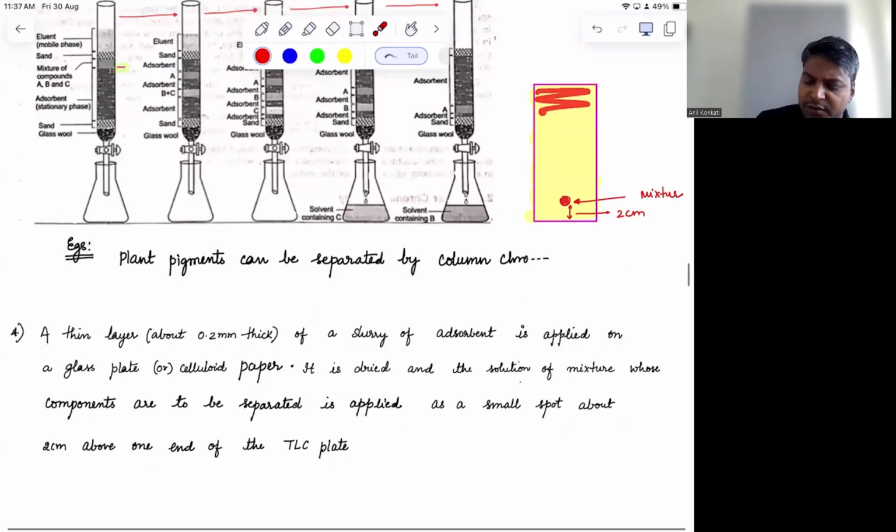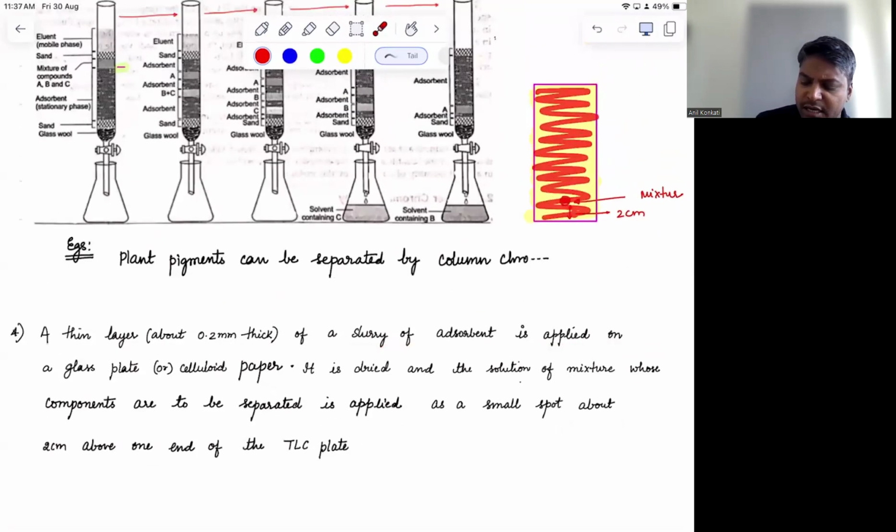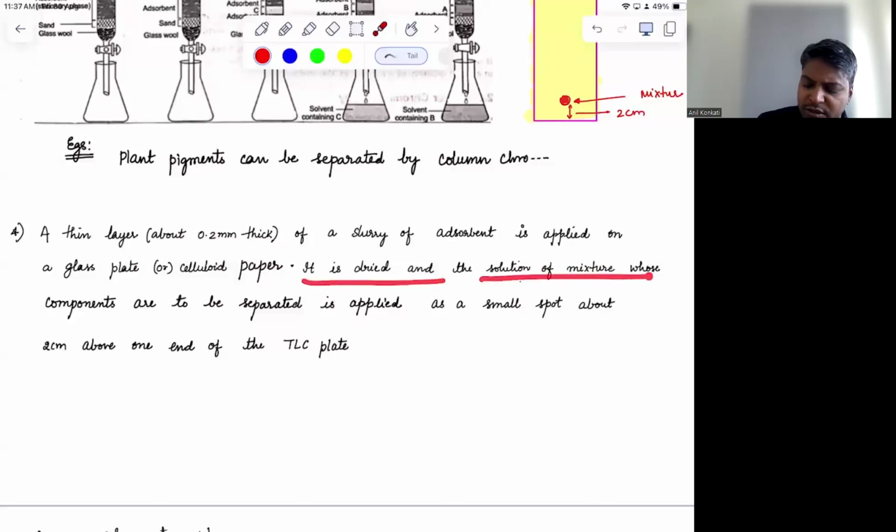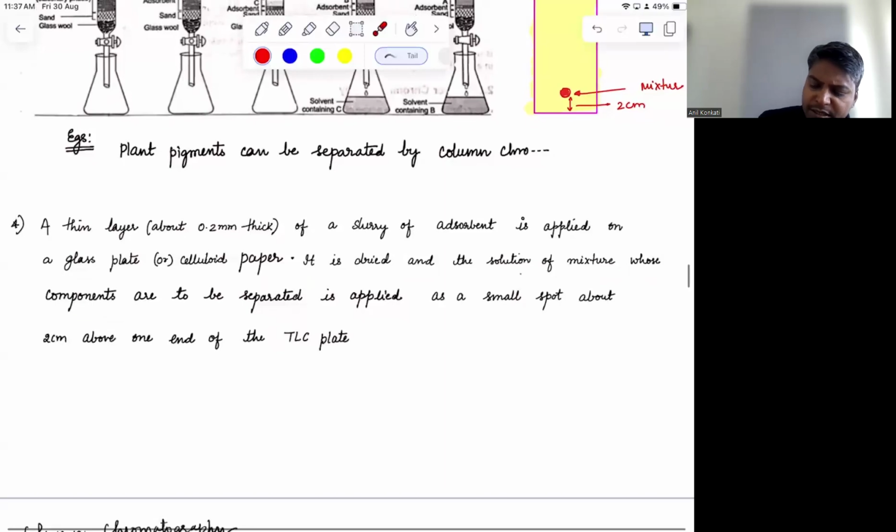So this yellow color which I'm showing is all adsorbent, the stationary phase which we have kept on a glass plate or a celluloid paper. It is dried and the solution of mixture whose components are to be separated is applied here as a small spot. And it is applied just 2 centimeters above the end of the TLC plate.